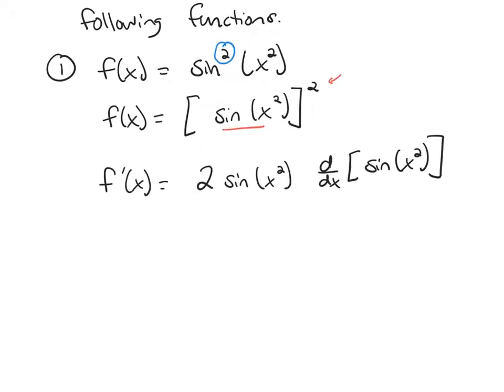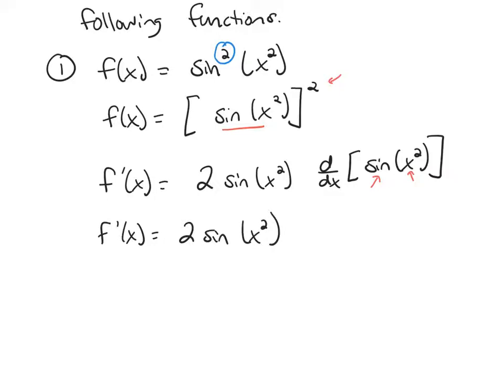Now if you look at this function you have now that you're going to take the derivative of, it's also a composition of functions. It has an inside being x squared and an outside being sine. So we're going to have to use the chain rule again to take this derivative.